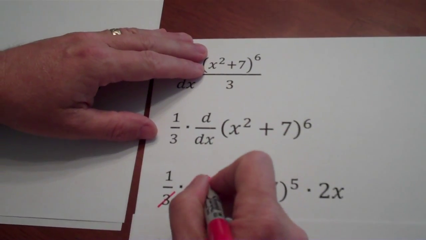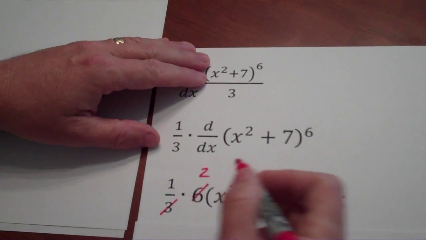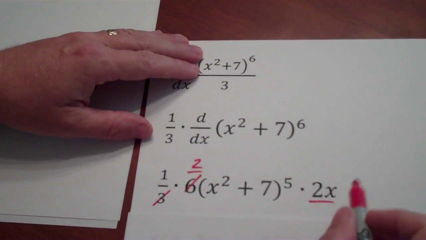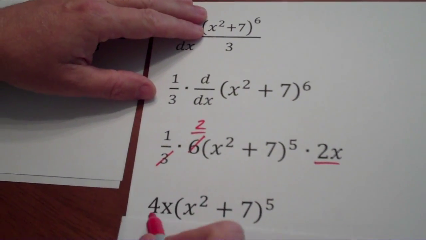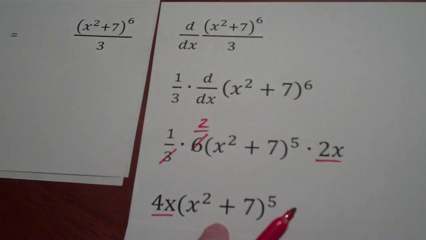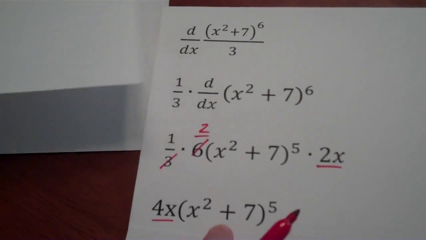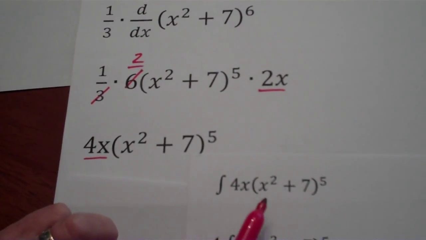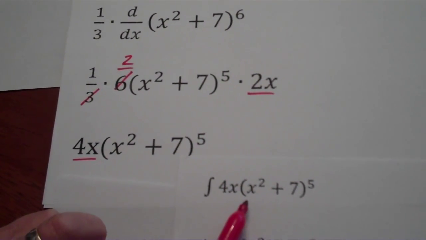Now there is all kinds of simplification I can do here. I can cancel the 3 with the 6 and make it a 2, and then I can combine my 2 times my 2x, which of course leaves me with a 4x. And I would like you to note that the thing I have here at the end truly was the very original problem that I had to begin with.